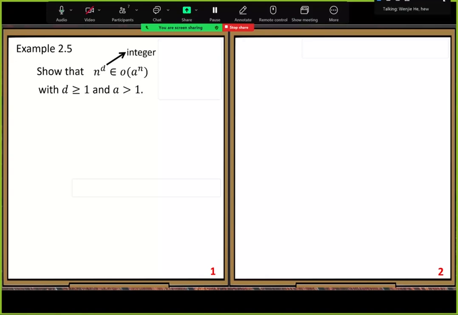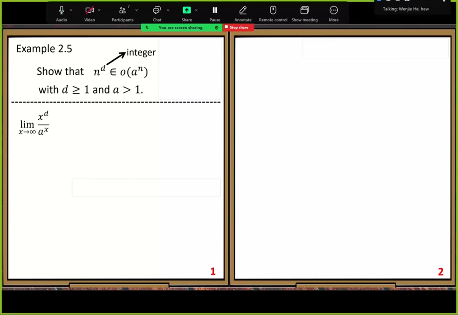And we say n to the d belongs to little o of the exponential function a to the n, with a greater than 1. The base number is greater than 1. How to show that? L'Hopital's rule.